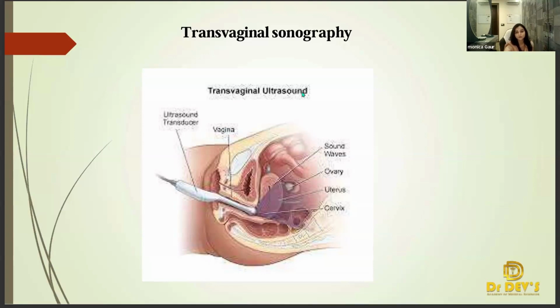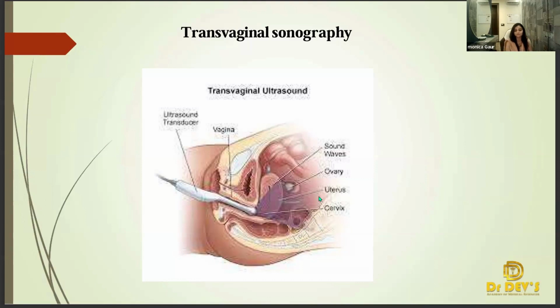So this is the transvaginal ultrasound probe which we use. This is the vagina from where it is penetrating inside, and this is how it is giving the ultrasonic waves, the sound waves. Look at the field of view, very less. And again, we won't be able to see the ovary in one view, because as soon as we put the probe inside, we see the longitudinal view, and this is what we require when we go for a transvaginal scan.